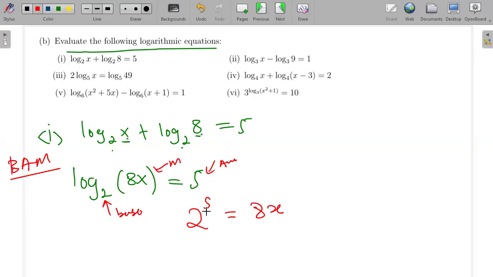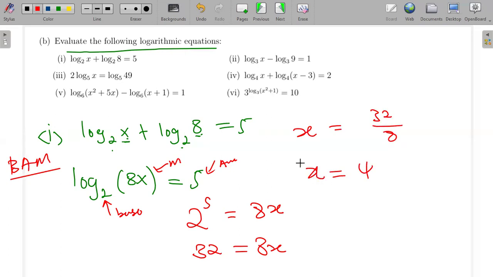What is 2 to the power 5? You can punch it on your calculator. 2 to the power 5 is 32, equal to 8x. So we divide both sides by 8. We get x = 32 divided by 8, which is just 4. So x here is just 4.